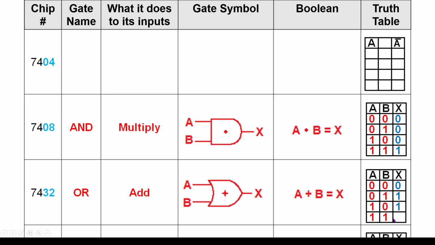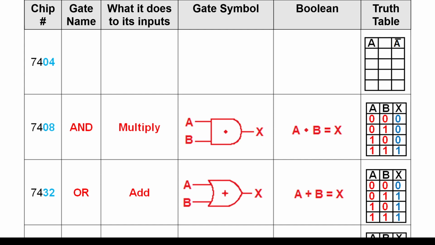Okay, this is a little bit different, and we'll explain it more later. But what this is really saying is that anytime we have a 1 and a 1, that's a true, and that's a true, and true plus true is always true. So that's a little bit strange, a little bit hard to understand. We will explain it in more detail later.